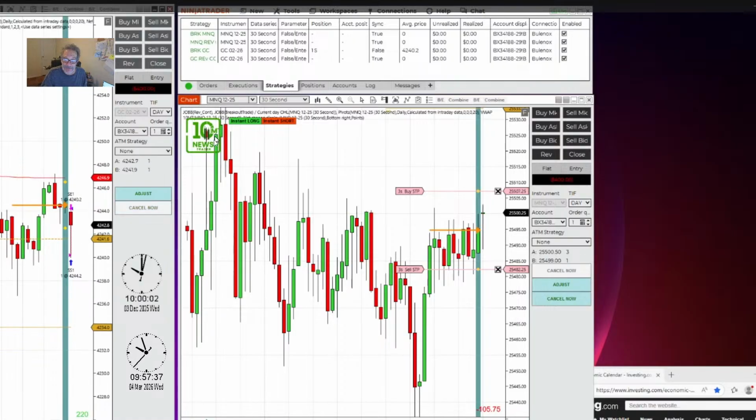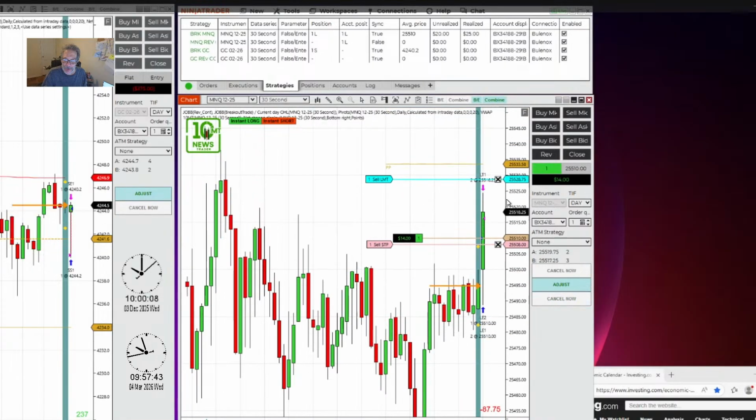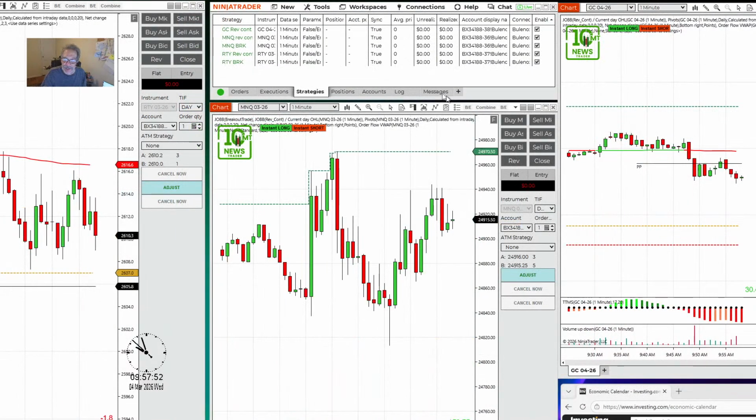RTY looked very fast, didn't work. And then the MNQ looked like the market open, and that worked. So RTY did not work in December. MNQ did. Anything can happen.